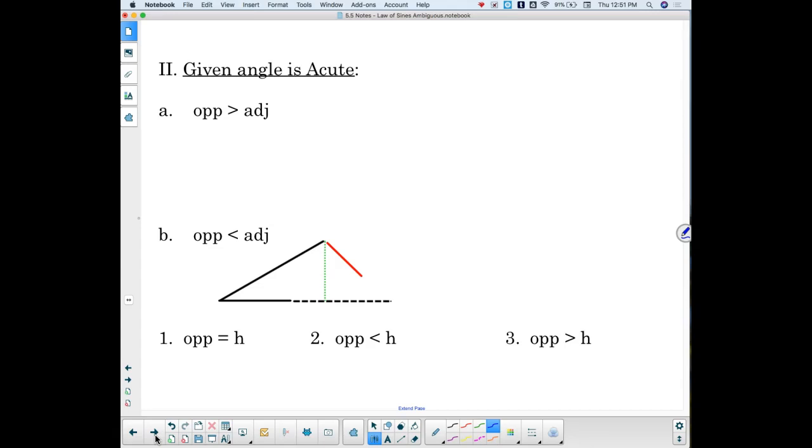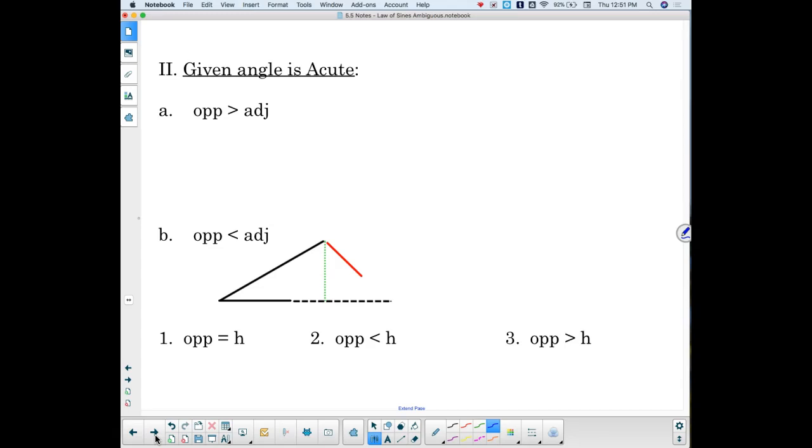Now, if we're given an acute angle, because remember, if we're given a right angle, it doesn't matter, because we're just going to use right triangle trig.